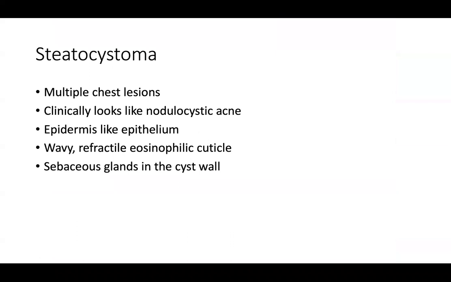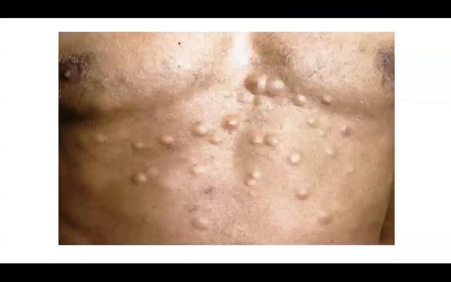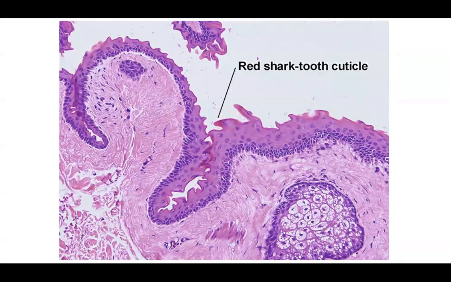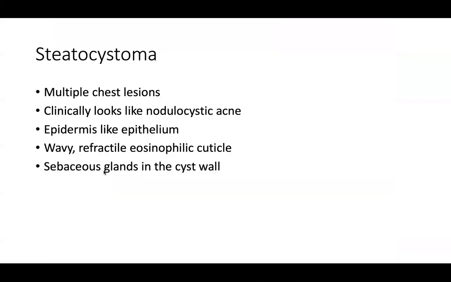Steatocystomas are multiple cysts that often occur on the chest, clinically look like nodulocystic acne. The epidermis often will have an eosinophilic cuticle that's wavy and refractile. Many people will call that a shark tooth crenulated cuticle, as you can see here, and we'll get to that. The other important point is sebaceous glands in the cyst wall.